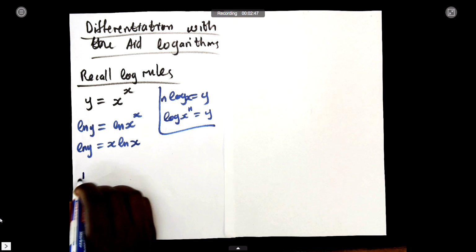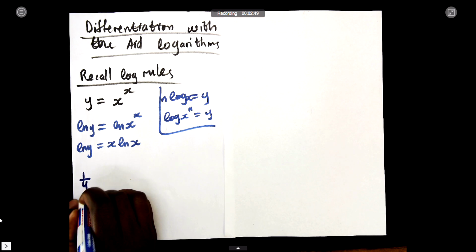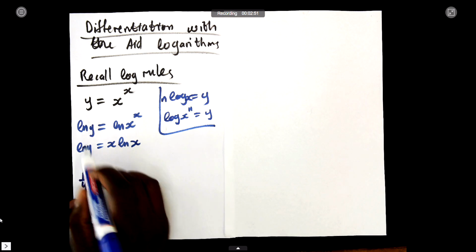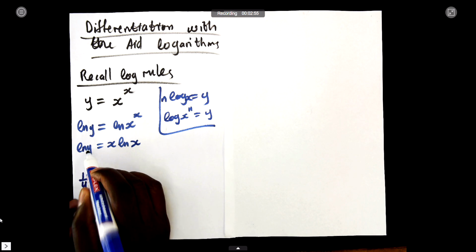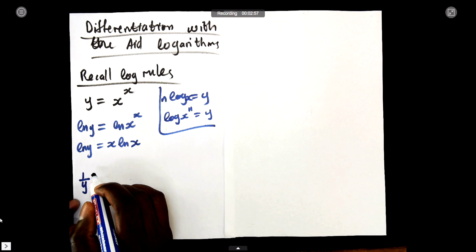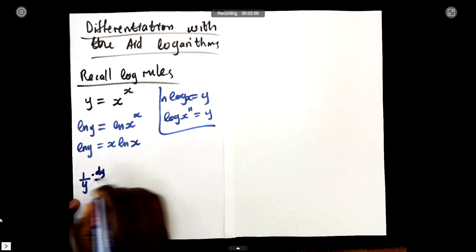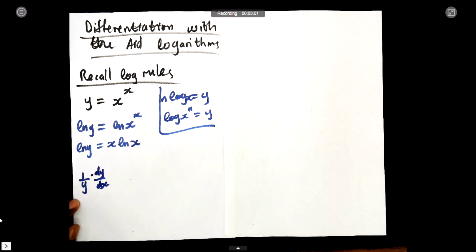We know that it is 1 over the function inside the log. And again, we're supposed to multiply by the derivative of the function inside the log. So what is the derivative of y? It's dy over dx. So multiply by the derivative of what is inside the log.